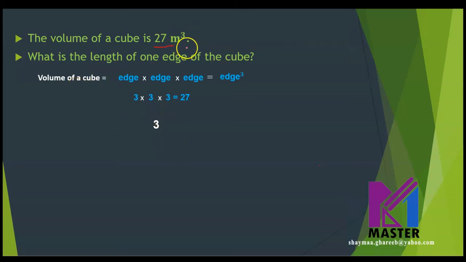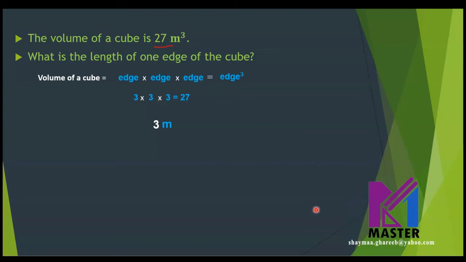I only write cubic units with the volume when I need to calculate the volume of a shape. So please take care and pay attention to the unit you write at the end of each answer. So our unit will be meters. Is this clear?